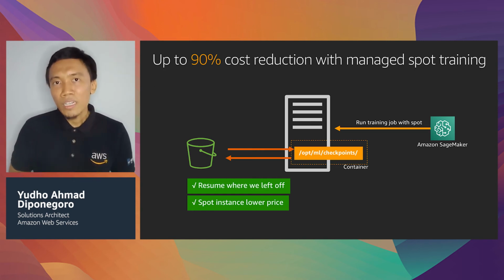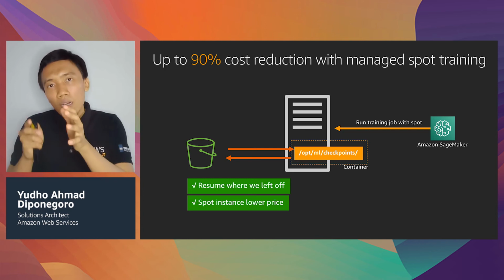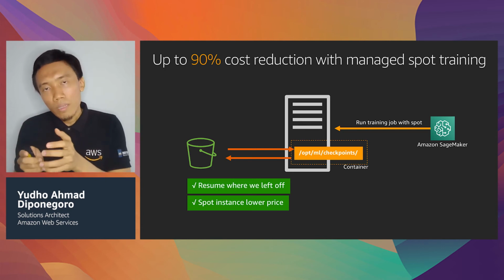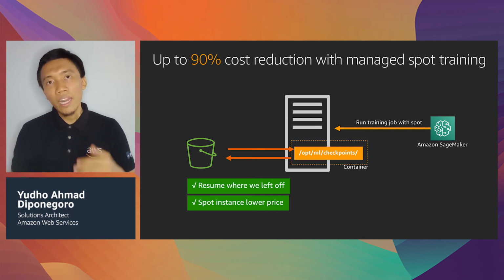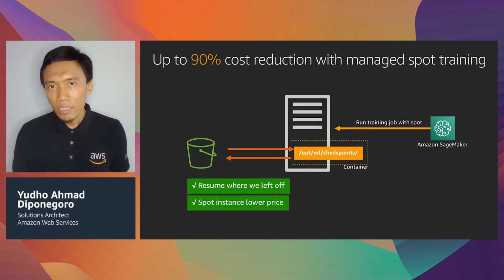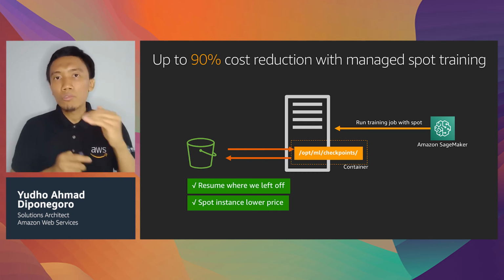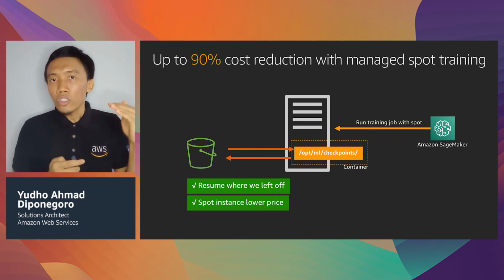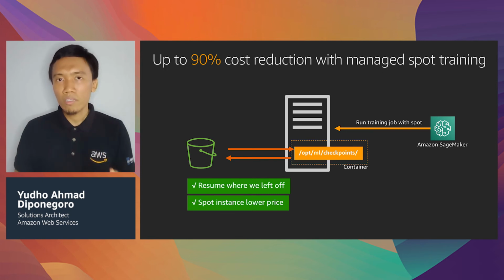If you use the SageMaker checkpointing mechanism, you can resume the training job where you left off. The way it works is that in your training code, you save the temporary model into a specific path, and SageMaker will handle the periodic upload to Amazon S3, so that whenever the Spot instance gets interrupted and the training halts, it can resume from where it left off once the Spot instance comes back, by downloading the temporary model from S3.